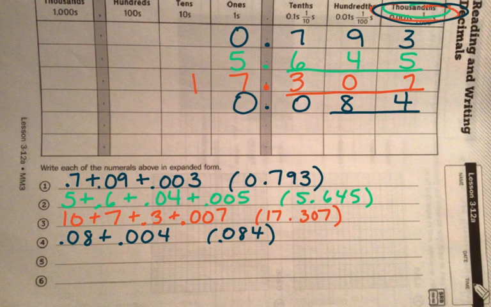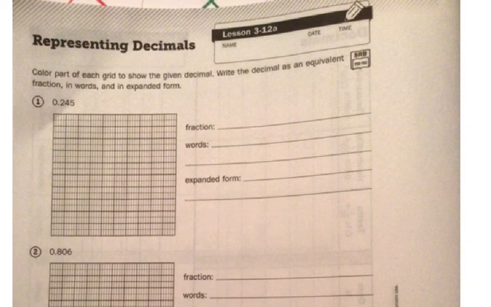Moving on to the next page. It says color part of each grid to show the given decimals. Write the decimal as an equivalent fraction in words and in expanded form. So this one is 245. Remember, each one of these is 10, 20, 30, 40, 50, 60, 70, 80, 90, 100. Each row is 100.